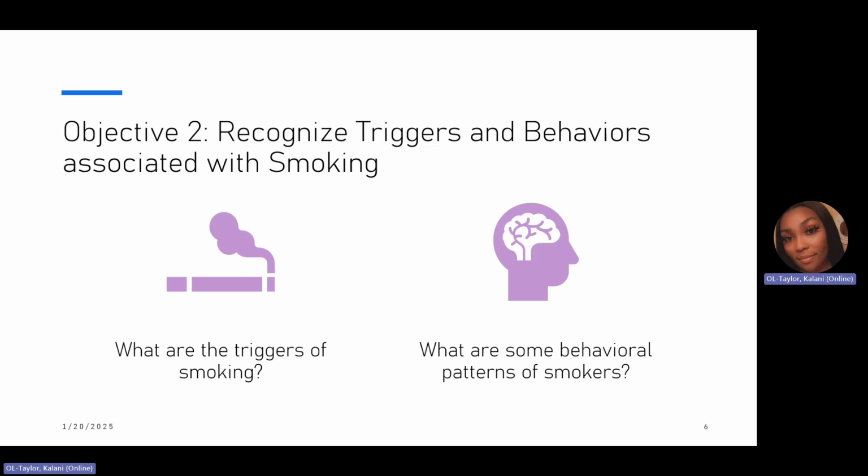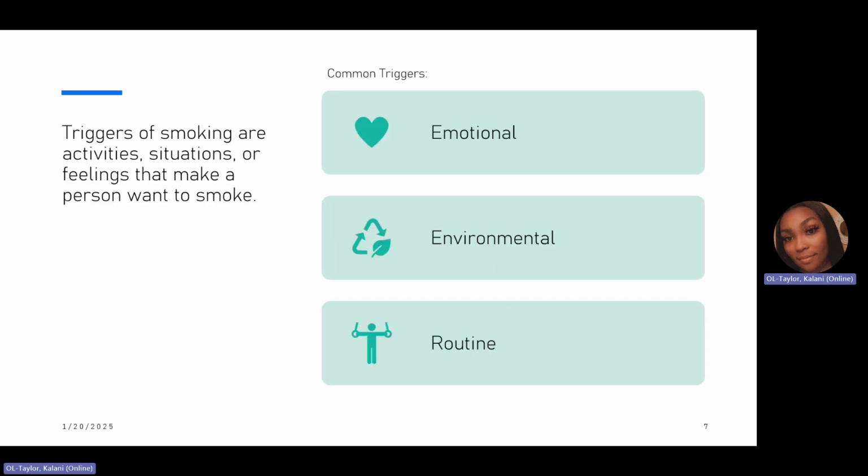So, objective two of this healthcare plan is to recognize triggers and behaviors associated with smoking. So, we'll go over what some triggers are and what some personal patterns and behaviors of people that smoke cigarettes are. Common triggers involve emotional triggers, environmental triggers, or routine triggers.